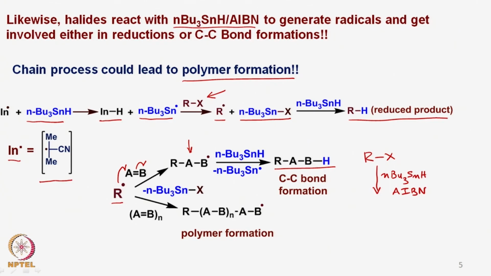On the other hand, if this radical interacts with the double bond and there is no tributyltin hydride to stop the reaction, then we can expect a polymer formation of this kind, because this radical which is formed, RAB dot, again reacts with the next molecule to form RAB dot, that continues further to form a polymer.